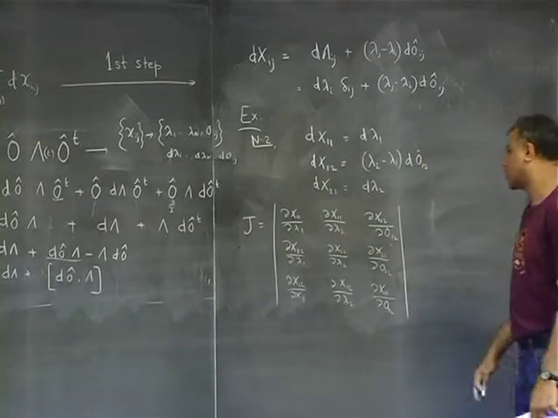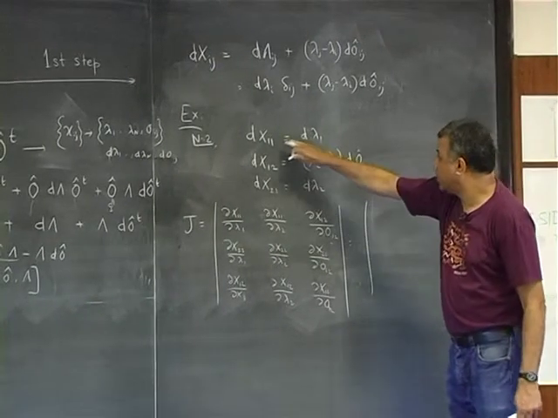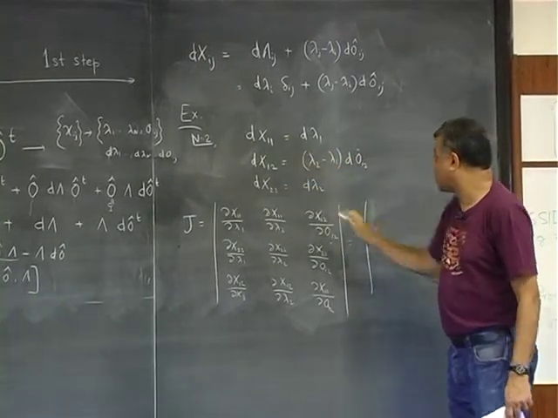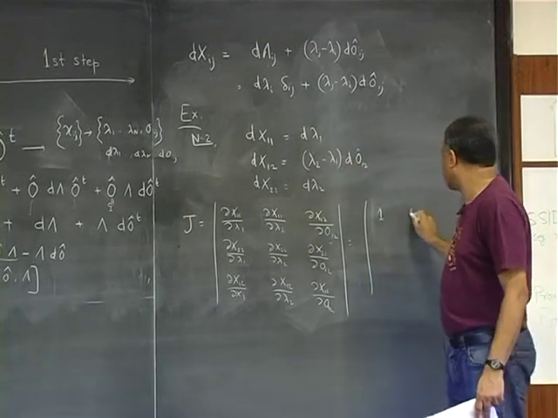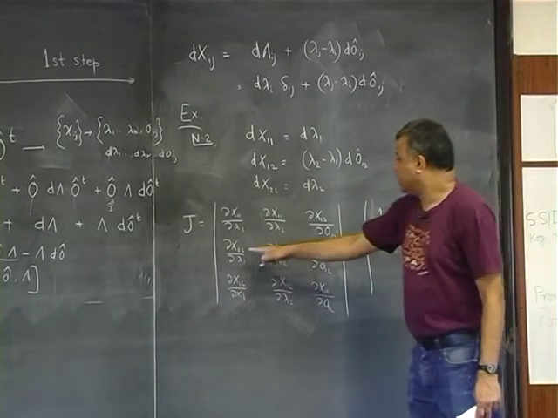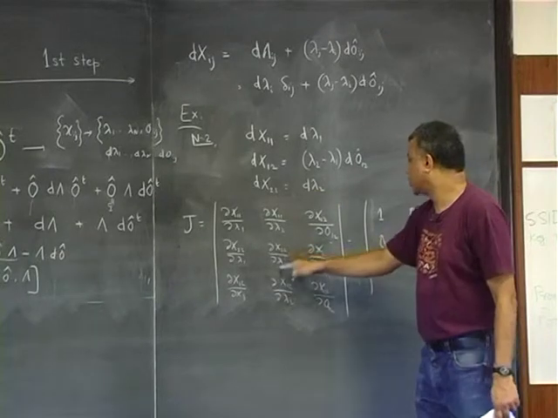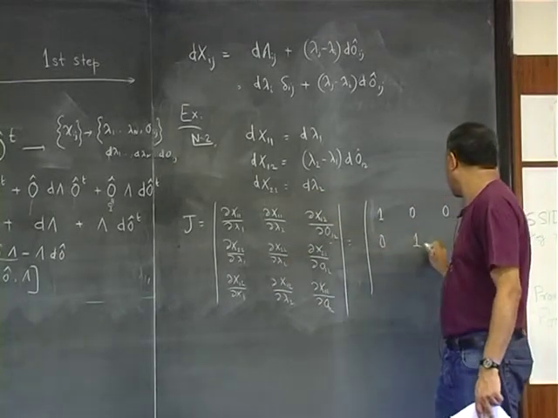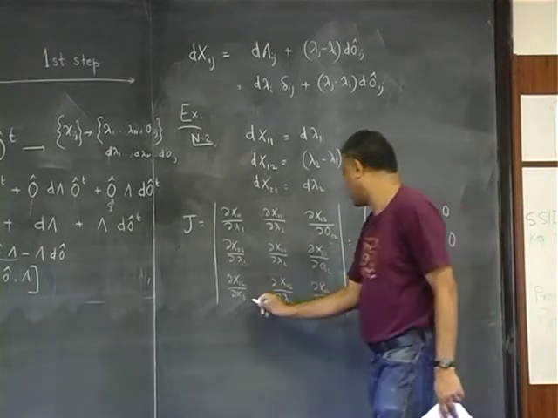The determinant of that matrix, right? So that's the Jacobian. So what is it? We just read off from here. So dx1 by d lambda 1 is just 1. dx1 by d lambda 2 is 0, because there is nothing there. This is 0 also. dx2 by d lambda 1 is 0. dx2 by d lambda 2 is 1. And you have 0. So here, dx1 by d lambda 1, sorry, this should be lambda 1.